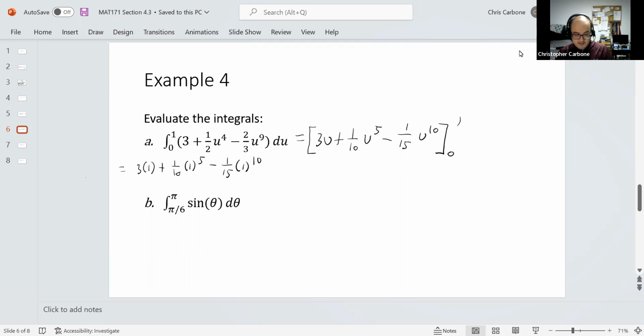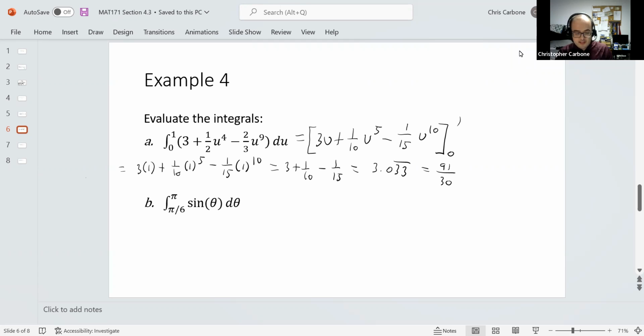So we can evaluate this as just being 3 plus 1/10 minus 1/15. And that gives us 3.033 repeating, which as a fraction is 91/30ths.